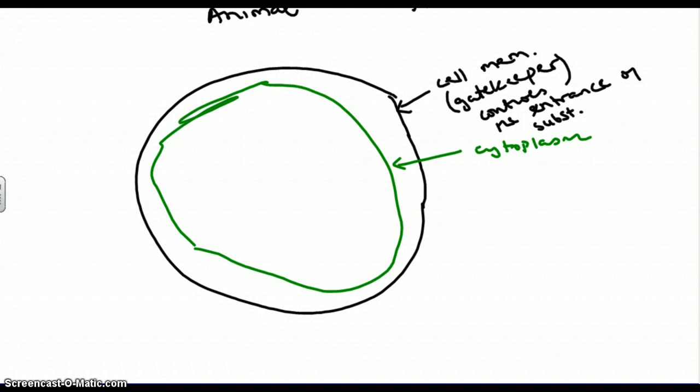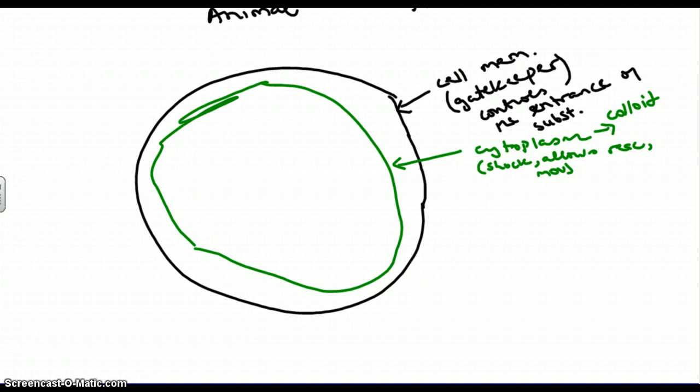It is a colloid material that allows substances to move within the cell, allows reactions to take place, and acts as a shock absorber. So cytoplasm: shock absorber, allows reactions and also movement, and it is a colloid material.